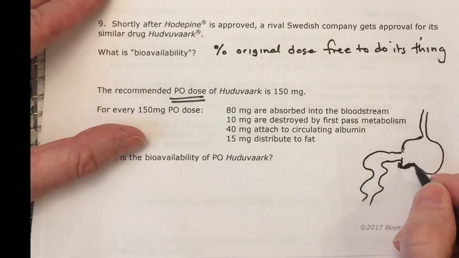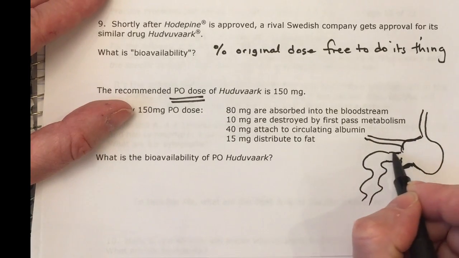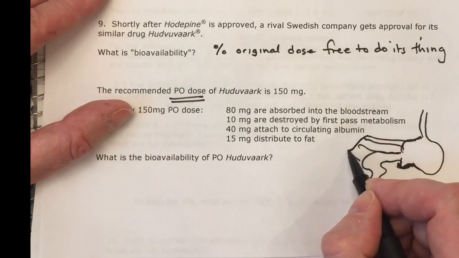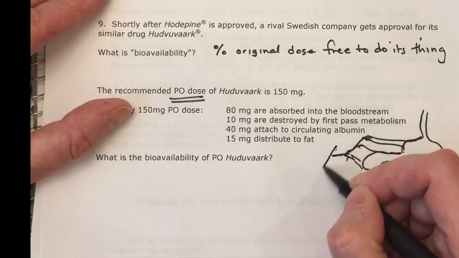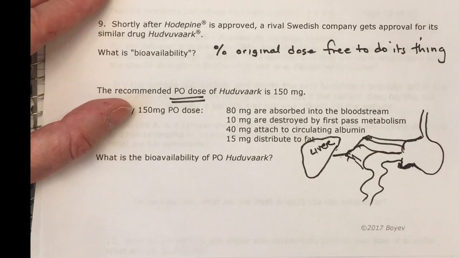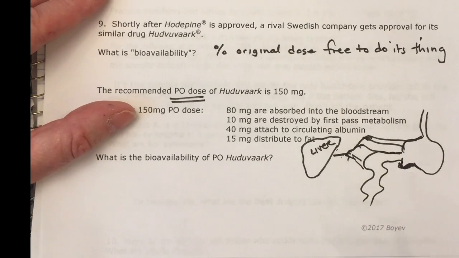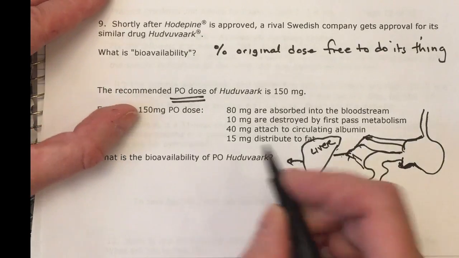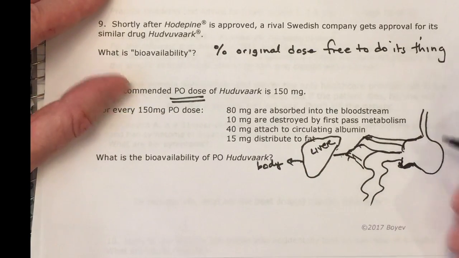Okay, so we talked about before that all the veins from the intestines and the stomach all converge into the hepatic portal vein, which then goes to the liver, which breaks down however much it's going to break down. It may break down 1%. If it breaks down 90%, that's called high first-pass metabolism, but whatever. And then from the liver, it goes to the rest of your body via the vena cava. Okay, this is a terrible picture, sorry.